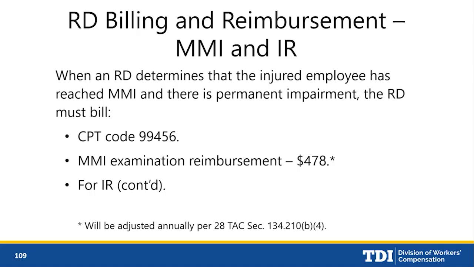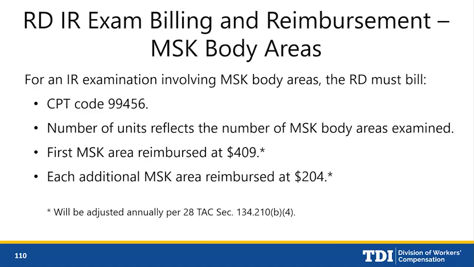So the number of units are going to reflect the number of body areas up to 3 for a musculoskeletal exam. So the first one is reimbursed at $409, and then the next two are reimbursed at $204 apiece.